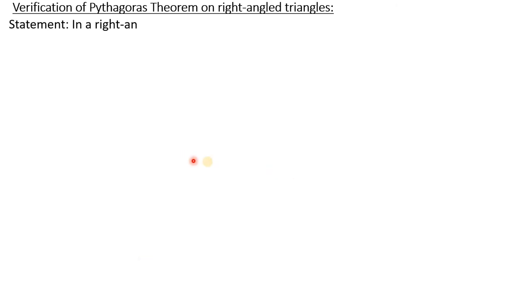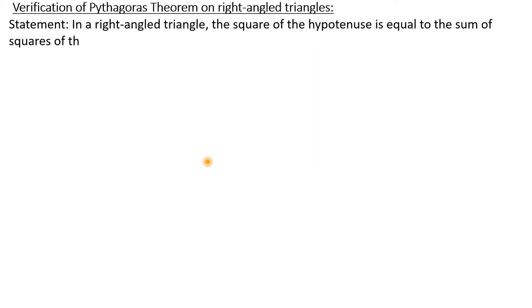So now the statement, as you all know: in a right angle triangle, the square of the hypotenuse is equal to the sum of the squares of the perpendicular and the base. Means length of hypotenuse square is equal to length of base square plus length of perpendicular square.